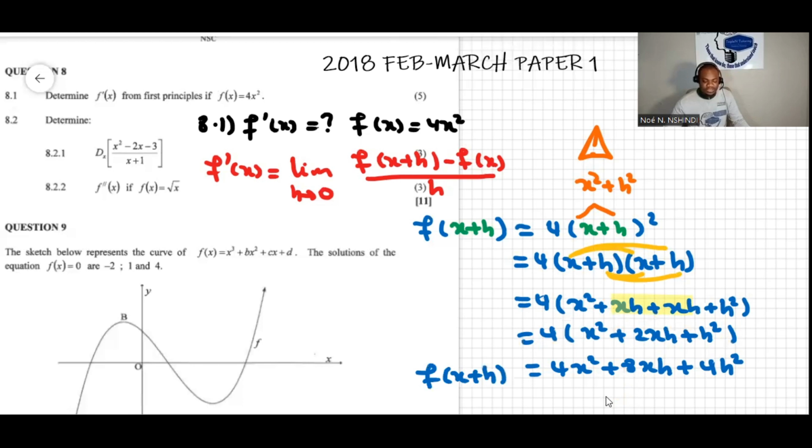Now initially f of x was given. This was equal to 4x squared. Now we can work out the difference of the numerator here, f of x plus h minus f of x.